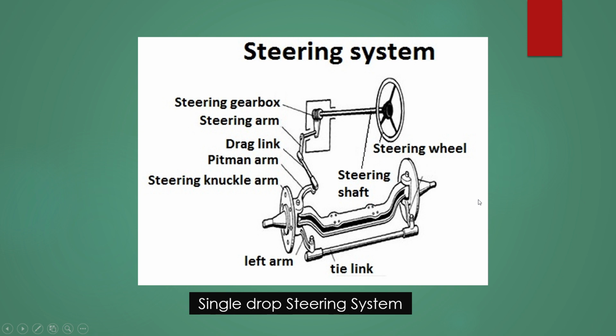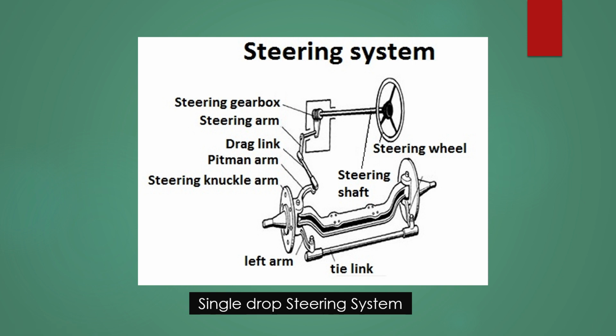Similarly, the double drop system means we will give two sets of linkages: to the left side wheel we will give direction with the help of linkages, and also on the right side we will give the direction with the help of linkages. So in the double drop steering system we will have two sets of drag link, two sets of drop arm, and two sets of steering arm also, and the tie rod will not be there because the other wheel also gets the direction directly from the steering wheel.